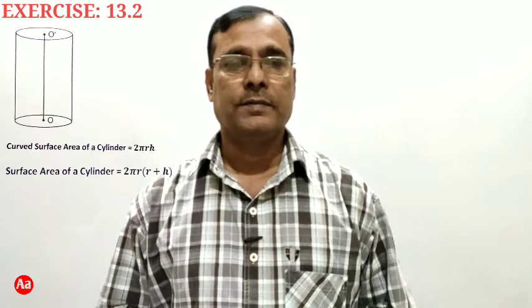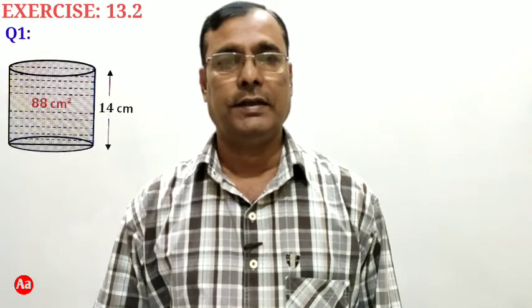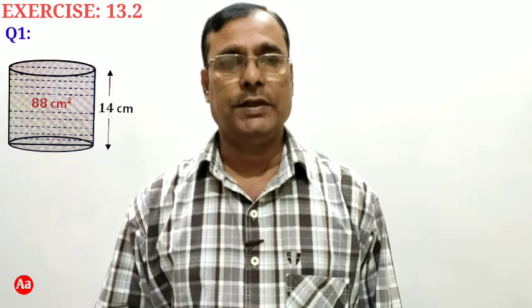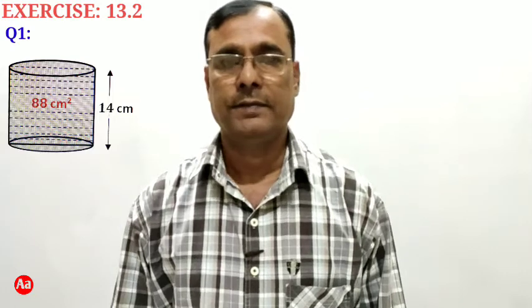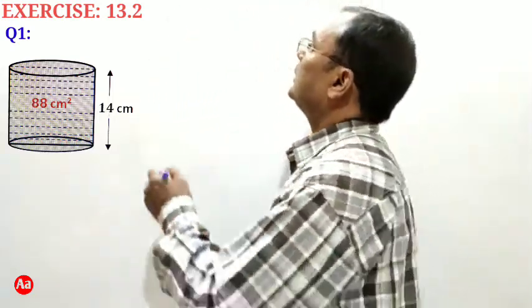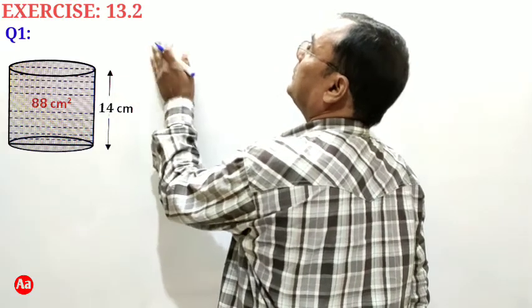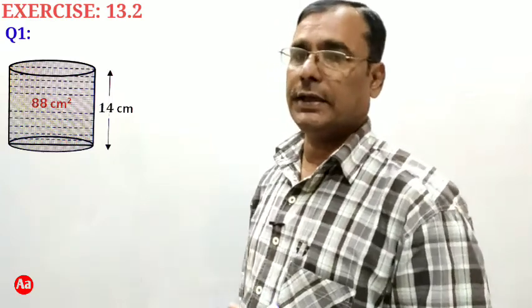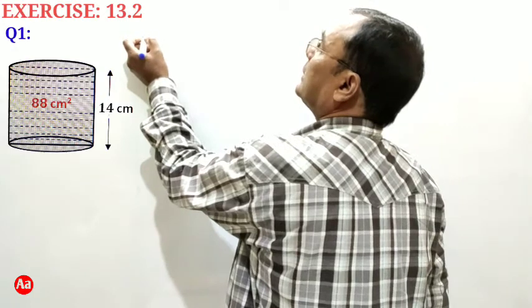Now let's see questions in this exercise. Question number 1: the curved surface area of a right circular cylinder of height 14 centimeter is 88 centimeter square. Find the diameter of base of the cylinder.